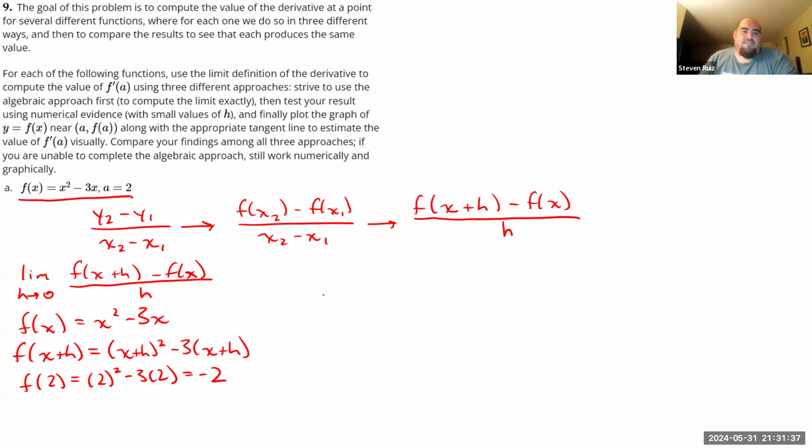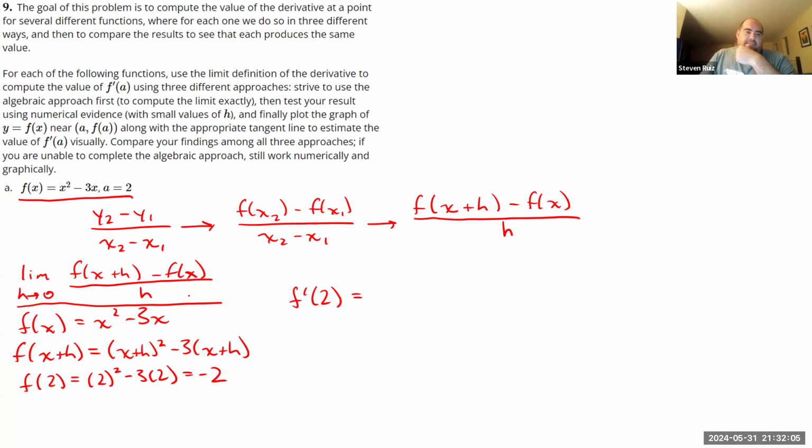So now what I'm looking for is f prime at what value of x? I want to find the derivative at x equals 2. Basically, I'm taking my generic limit definition, which is given by this thing that I've underlined, and applying some details to it because I have a specific function and a specific value of x.